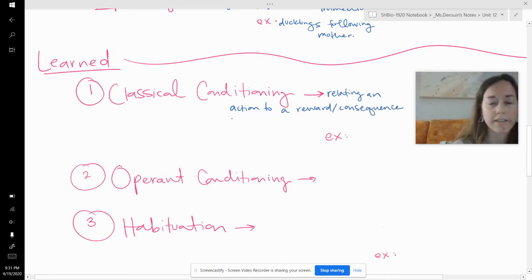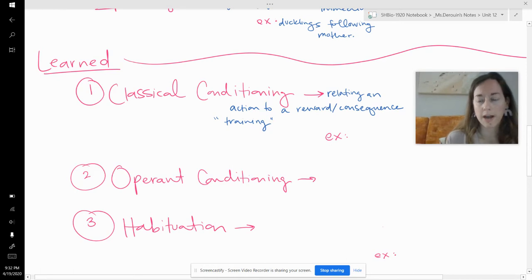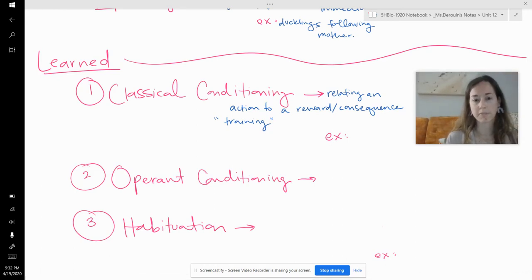And so it's basically like training an animal. The scientist who came up with classical conditioning is this man named Pavlov, who did this research on dogs.